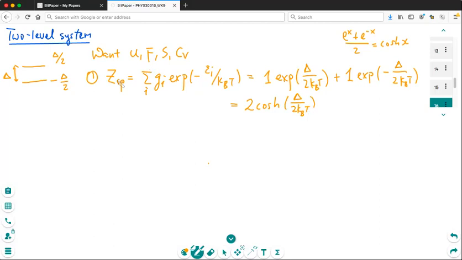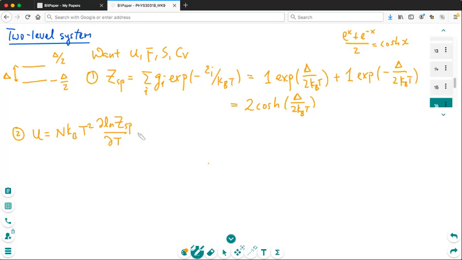And now, what do I do with this? I want the internal energy. Internal energy is very well known. This is very famous. I take this partition function and plug it into this formula. I will be able to get my internal energy.